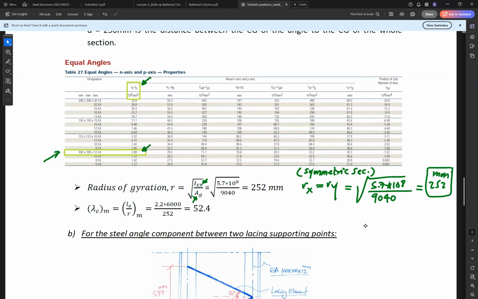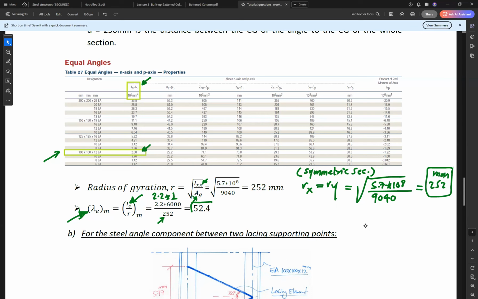If we know the radius of gyration, then lambda n, or lambda e, for the whole member equals the buckling length, 2.2 times 6000 millimeter, divided by r.